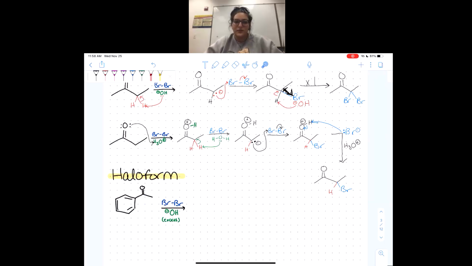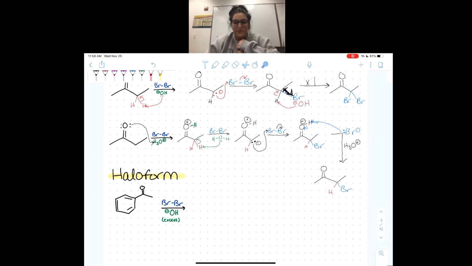So what is the rule for a halogenation in base? How many times is it going to substitute? You guys are all saying 2, which is correct in this case, but there were only 2 hydrogens.